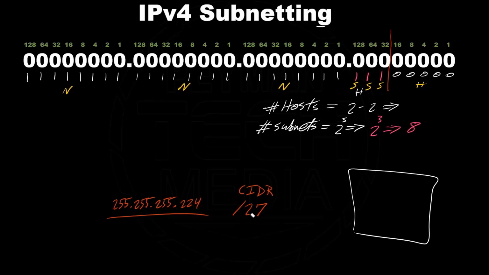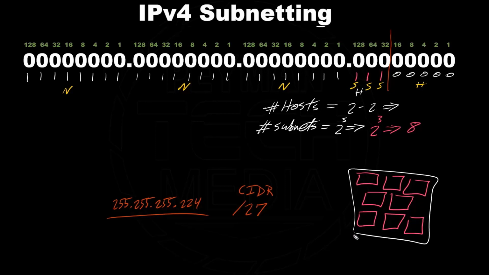So we are breaking down this big box into 8 smaller boxes. So after subnetting, our big box is divided into 8 smaller boxes. Let's draw 8: 1, 2, 3, 4, 5, 6, 7, 8. So here are 8 smaller boxes inside this one big box.